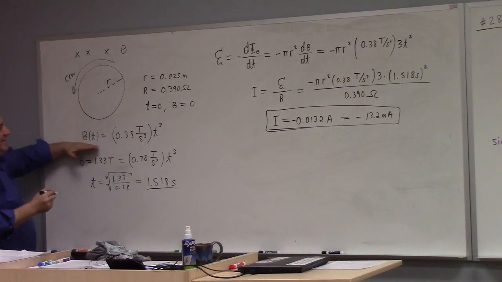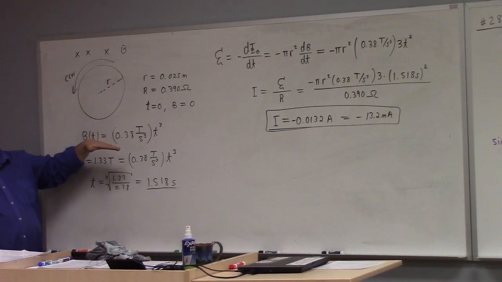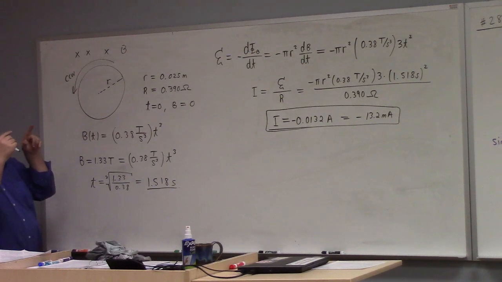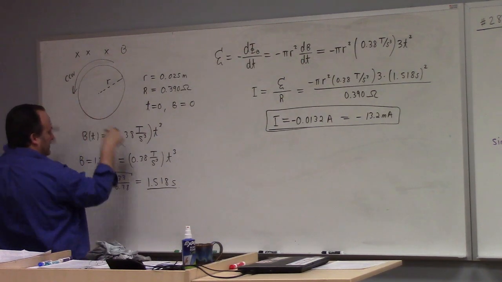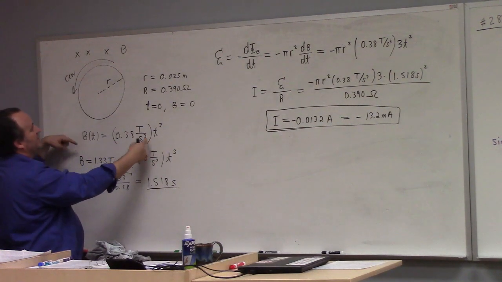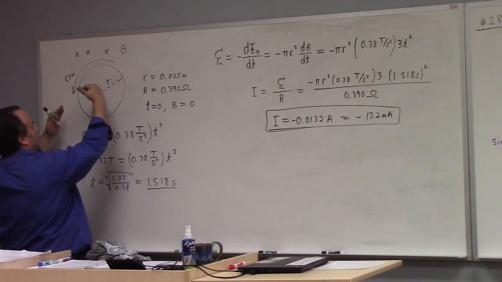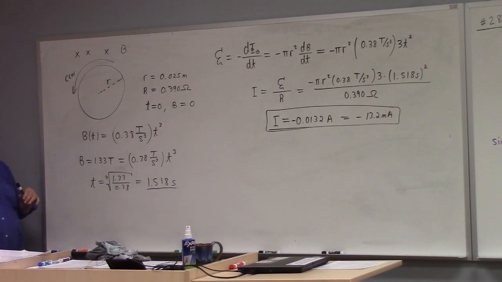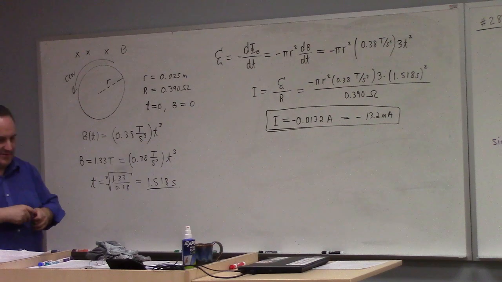That makes sense because the magnetic field is building up into the board. The magnetic field lines are going more and more into the board with this formula because it's getting bigger and bigger. So the induced current has to go the opposite way, trying to keep the magnetic field coming out of the board. It doesn't succeed, but it tries to stop it. Ultimately the flux does increase into the board by that formula. But anyway, there it is.